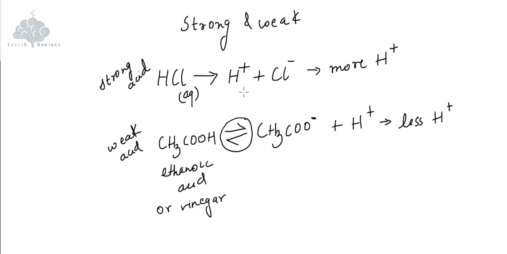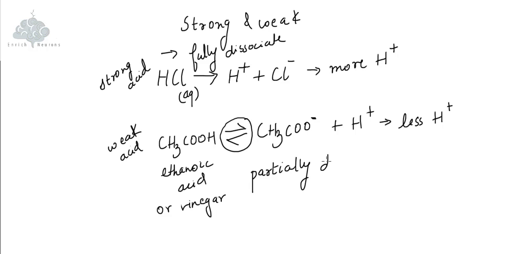So we could say that all acids which are strong fully dissociate, as in they fully separate to give a greater amount of H plus ions, and here I could say the weak acid partially dissociates.